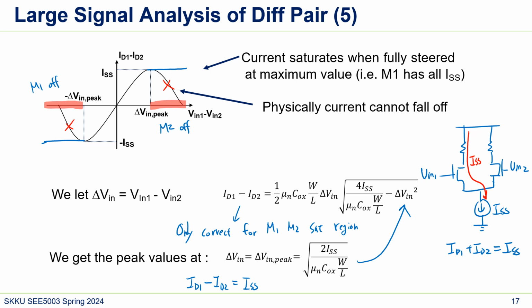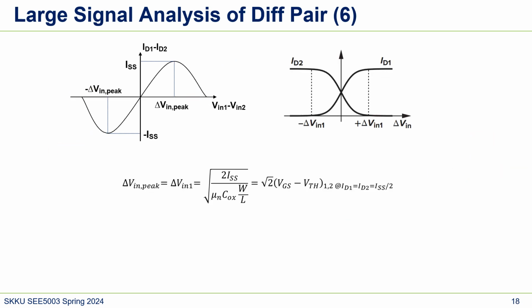So that's why this equation is not correct for these regions. And we calculated this Vin peak in the previous slide as this.